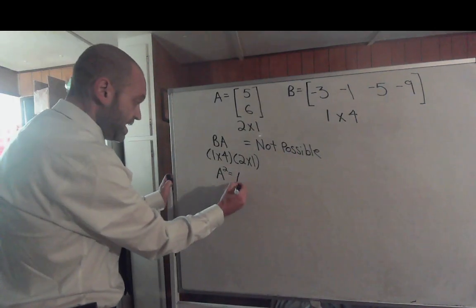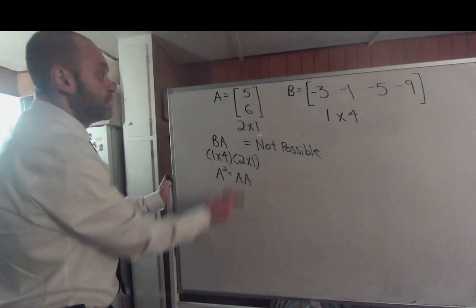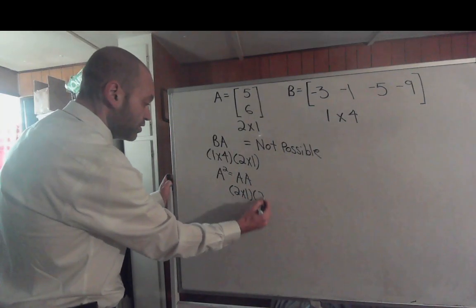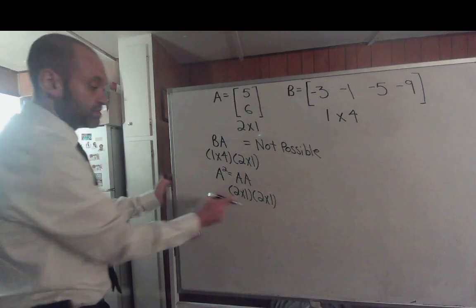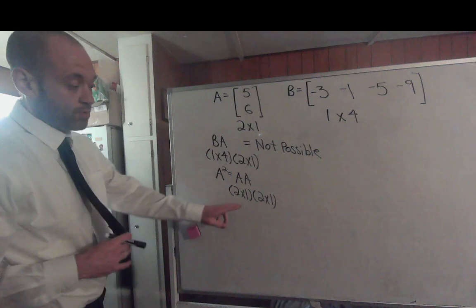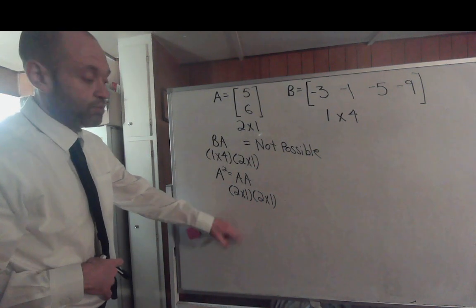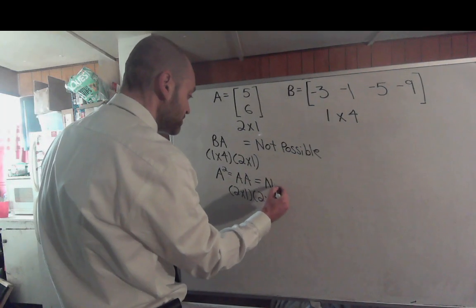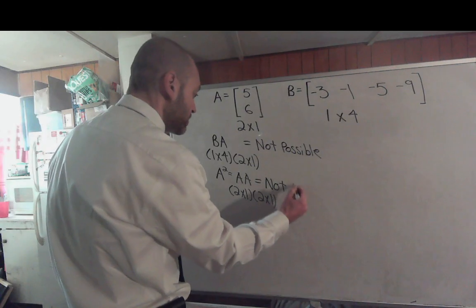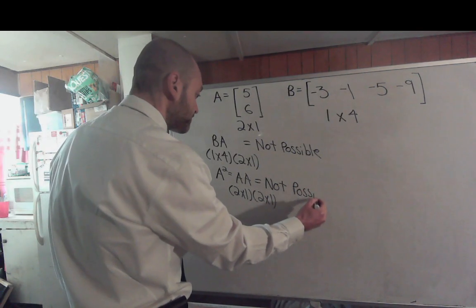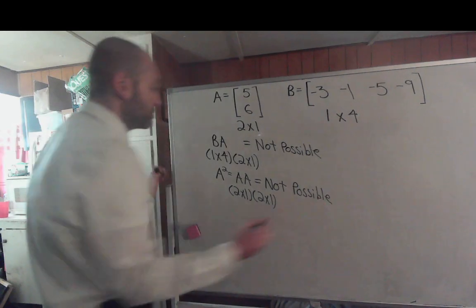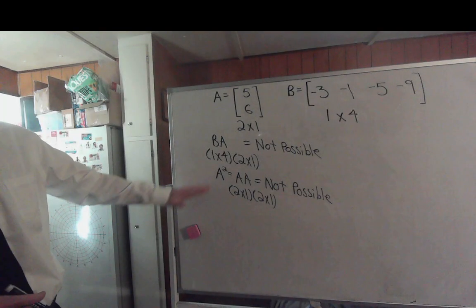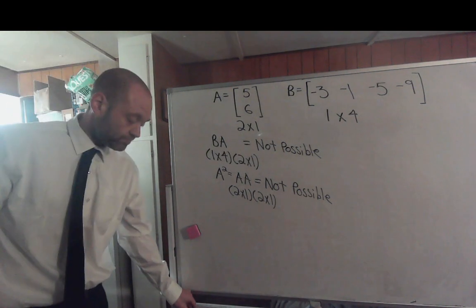Which we know to be A times A. Well, matrix A is a 2 by 1 matrix on both counts, but in the first matrix A, the number of columns does not equal the number of rows in the second matrix A, so actually A squared also is not going to be possible. So only AB was possible, but BA and A squared were not possible.